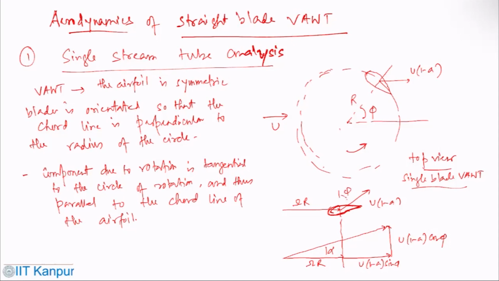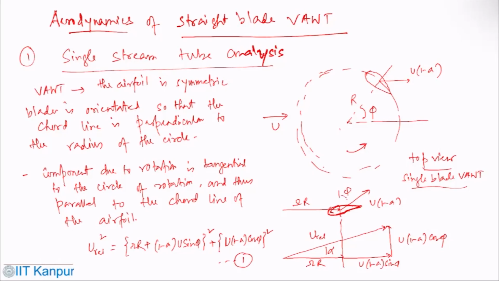So now from the velocity triangle, we write U relative squared equals (omega r plus (1 minus a) U sin phi) squared plus (U(1 minus a) cos phi) squared. That is, let's say, equation 1. It's a simple right angle triangle formula.